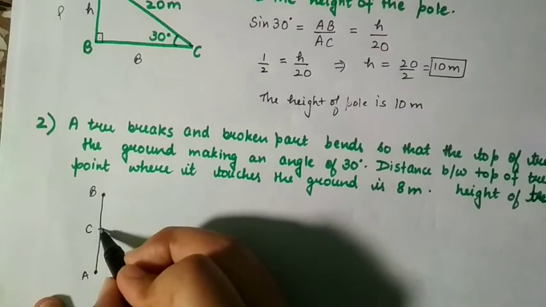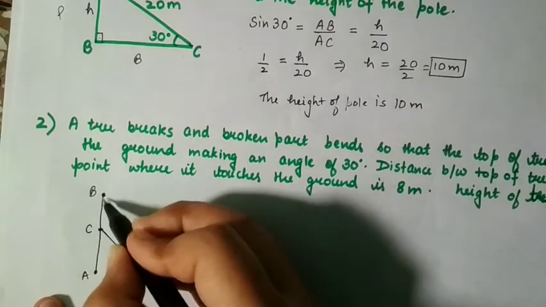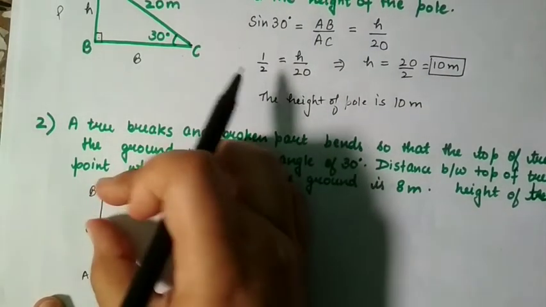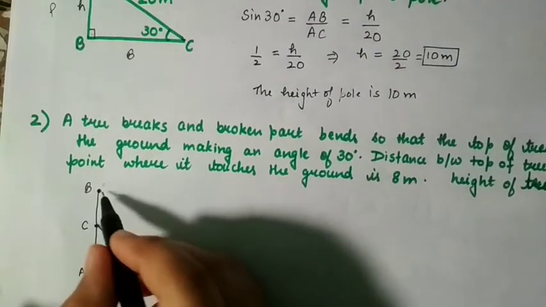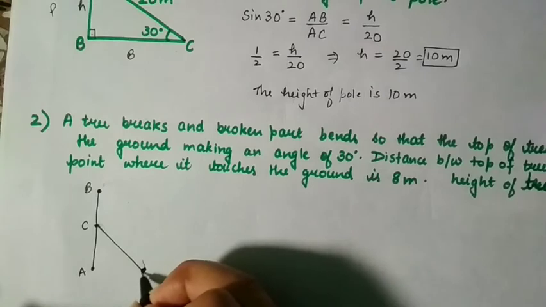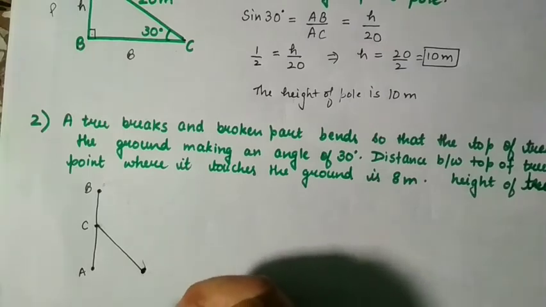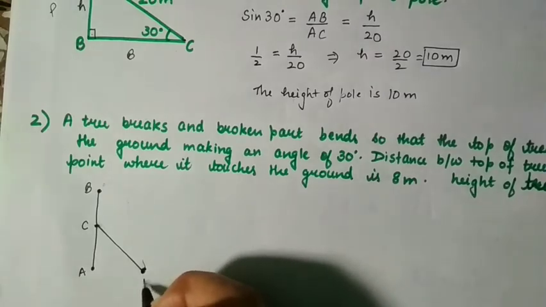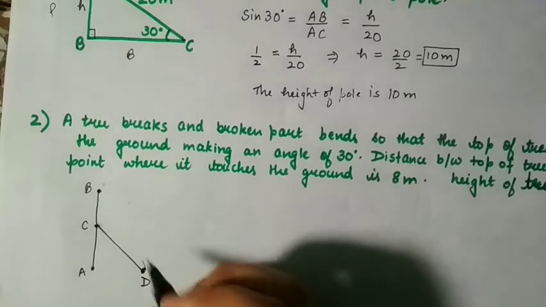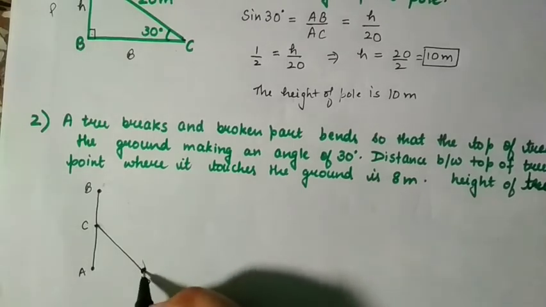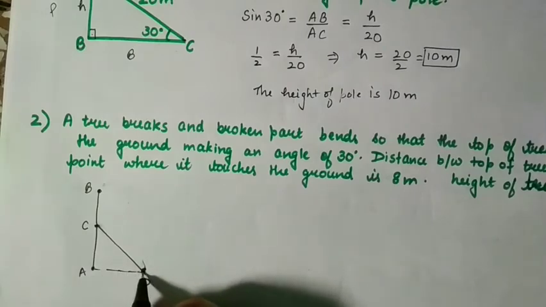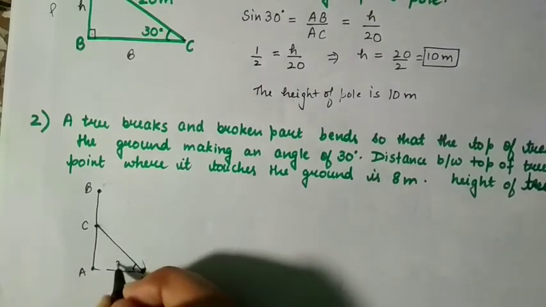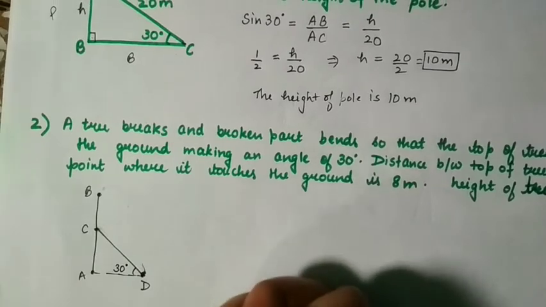It means now this point B falls down, and the top of the tree now touches the ground at, let it be, point D, and the broken top forms an angle of 30 degree with the ground.